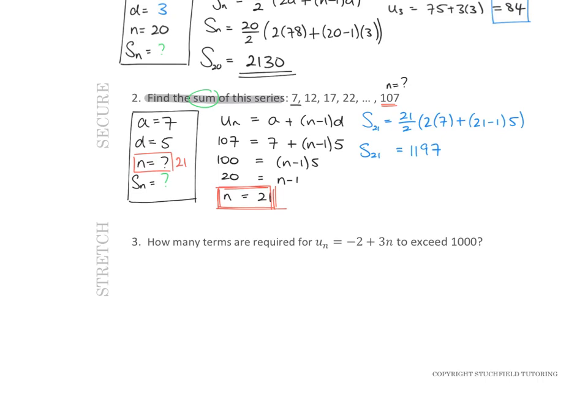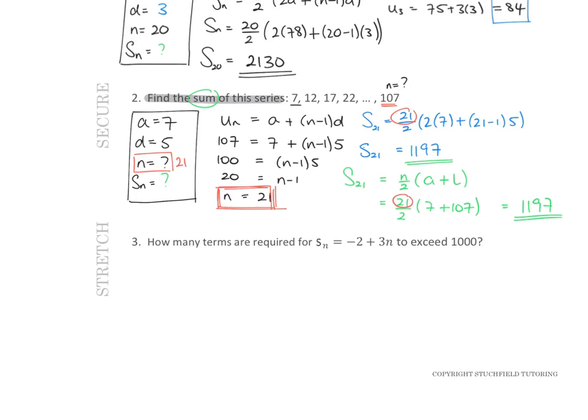If you wanted, you could use the alternative formula, which is S21 equals n over 2 (a plus l), where l is the last term, and you will find that is the same. But in both cases, you need that n here, so that's what you have to find first, and the box helps you identify what you need.